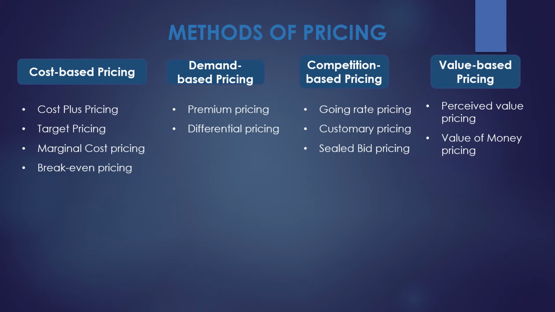And here we come to pricing methods. Pricing methods may be based on cost, may be based on demand, based on competition, or based on value. So there are four categories or four bases. The first one is cost-based pricing.